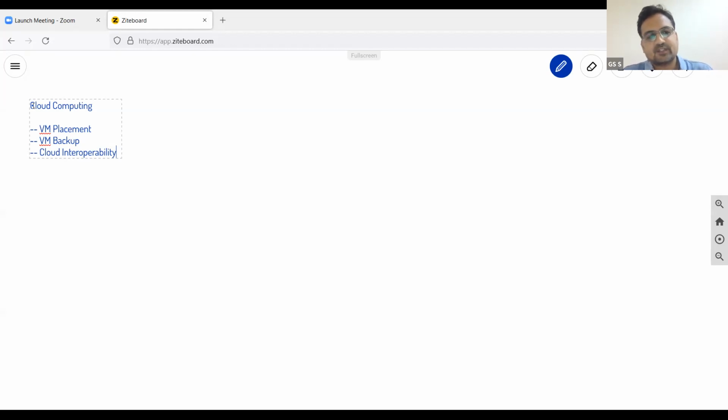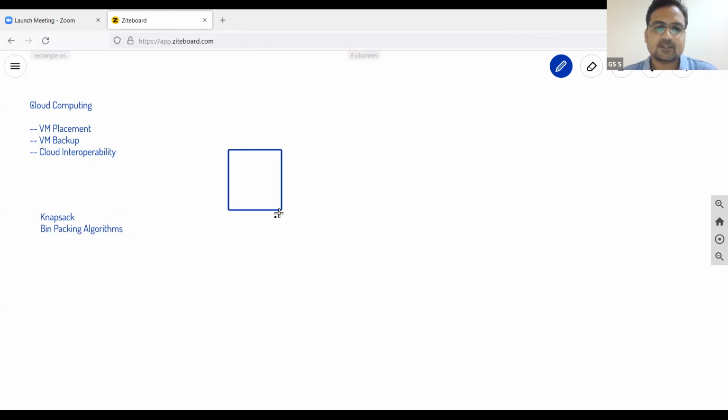Okay. So VM placement, if you can recall, I was talking about two kinds of theoretical problems known as knapsack and bin packing. Where we wanted to do the allocation of virtual machines on multiple physical servers which we have in cloud.